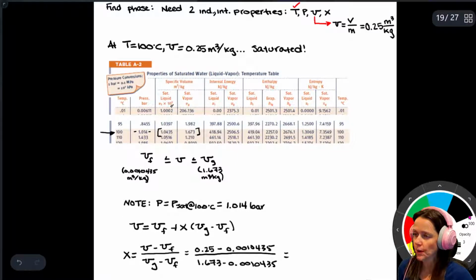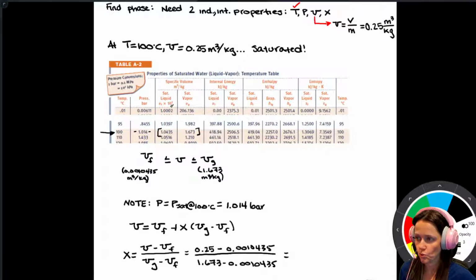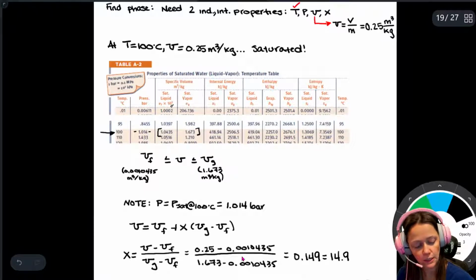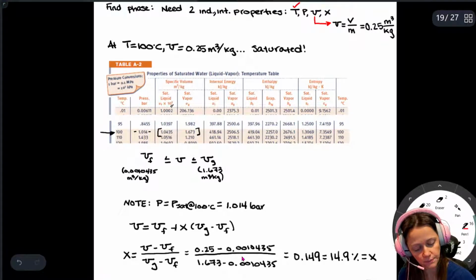All right, and so I end up getting a quality, there we are, 0.149. And you could put that as a percentage as well. That's fine. That's what I got there.